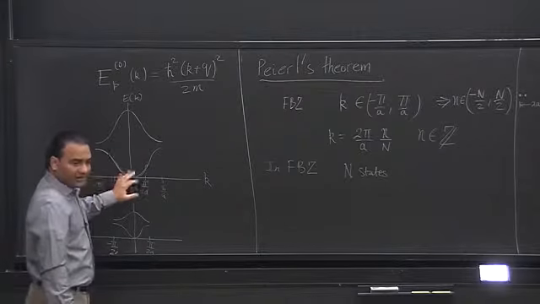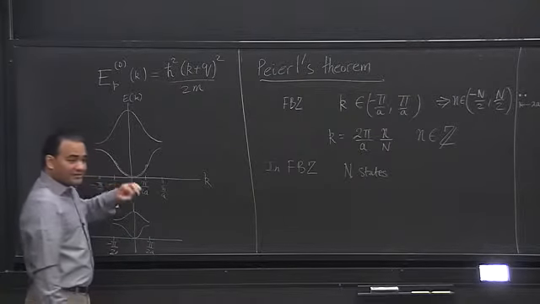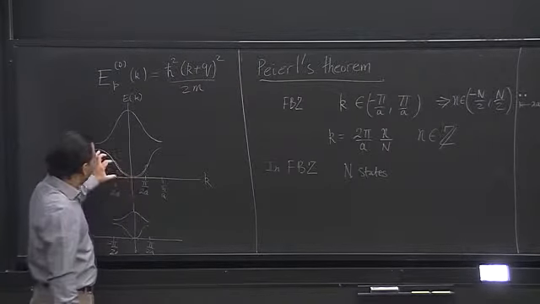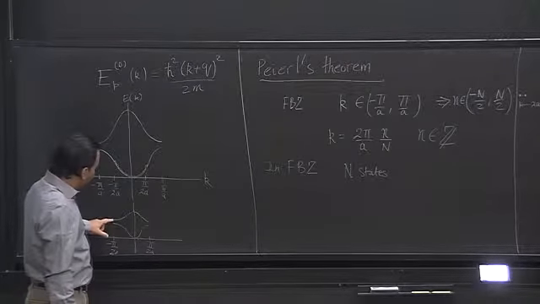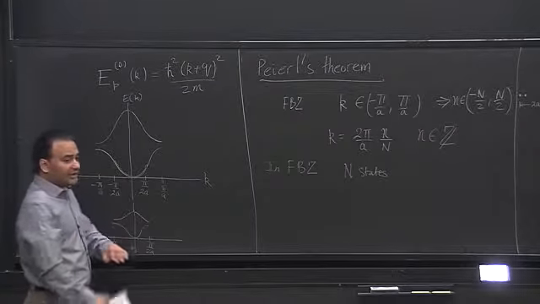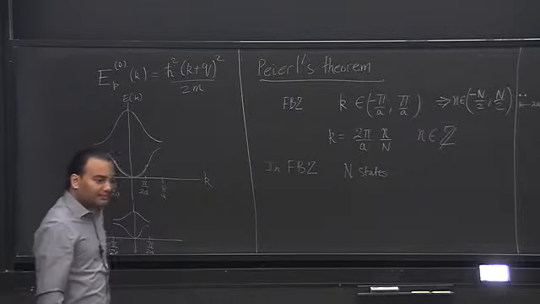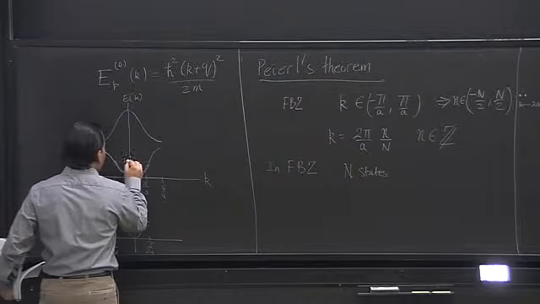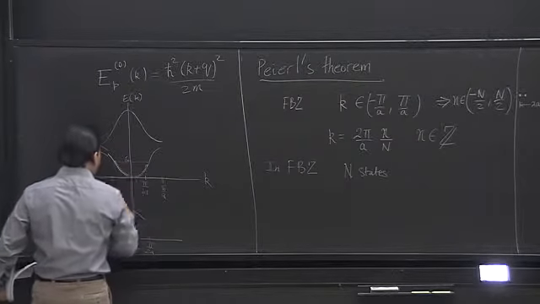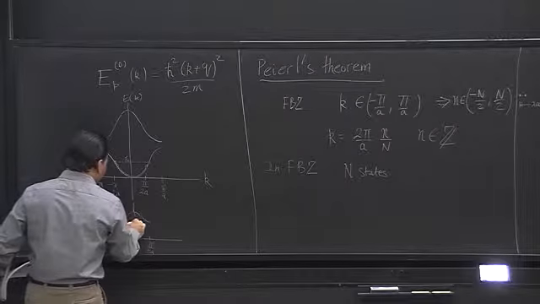There will be some differences, but this energy value will be higher than this energy value. And that's the only thing we care about. So let's say E naught is here.